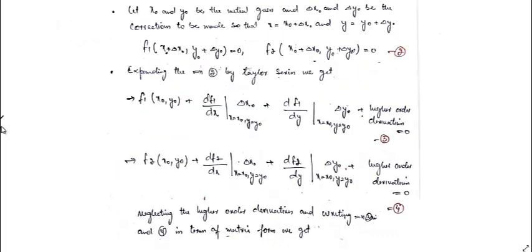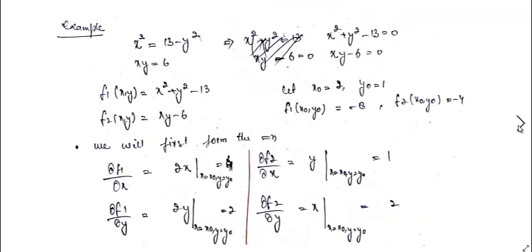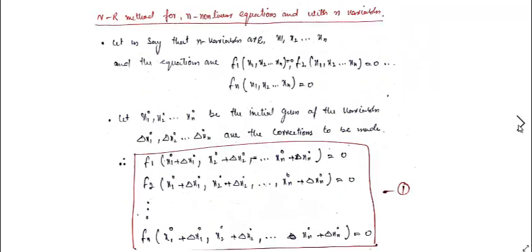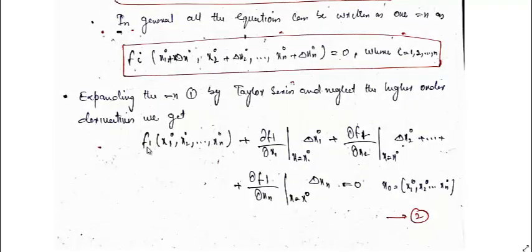You can see it over here, like we have differentiated this function f1 first with respect to x, then with respect to y. So this is an n variable equation. We have to differentiate this first with the first variable, then the other variables up to the nth variable. So you will see we will have n terms over here apart from this.